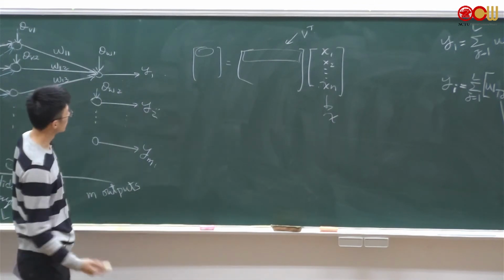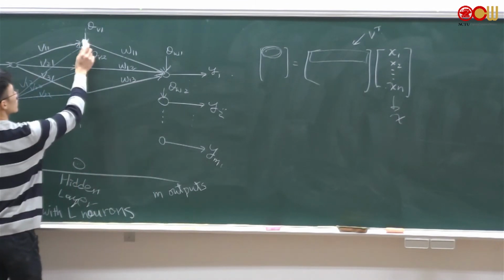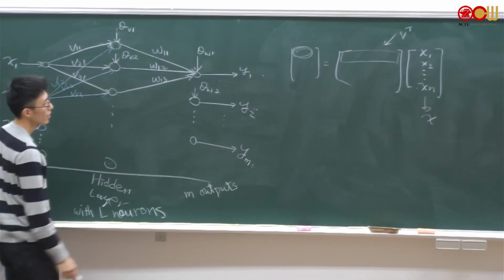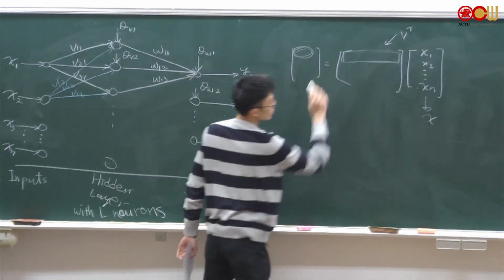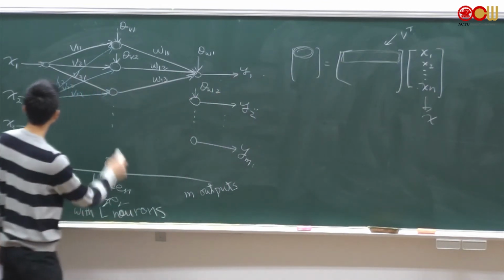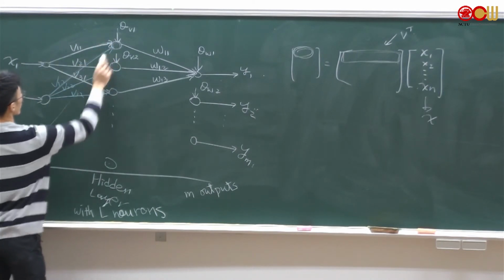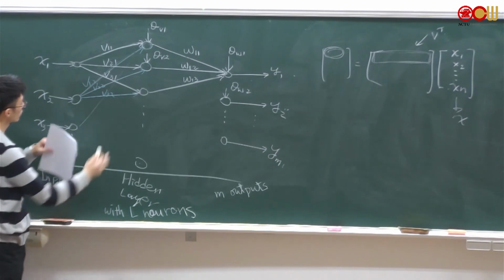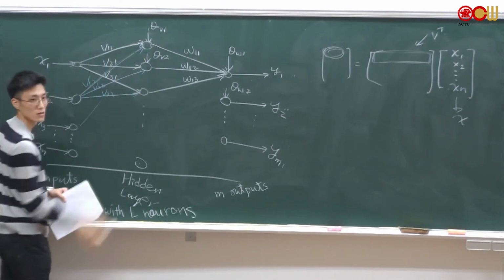You can observe this value is the input to the first neuron. What should this value be? It should be the weightings of this one, this one, this one, right? All the weightings between these two layers, mapping from the input to the first neuron.